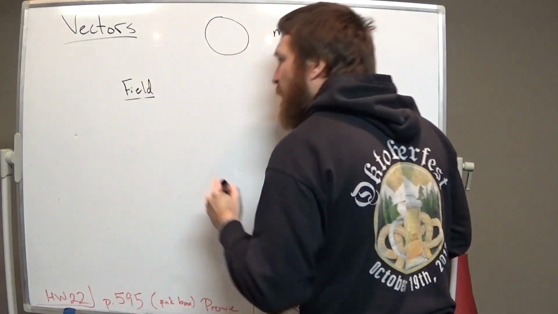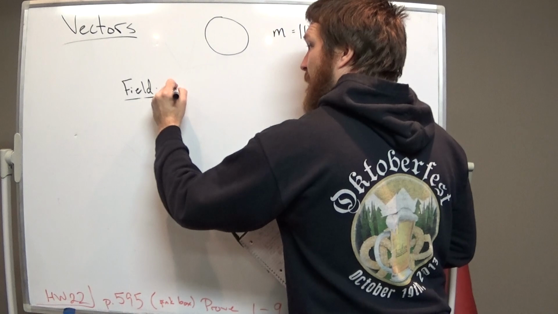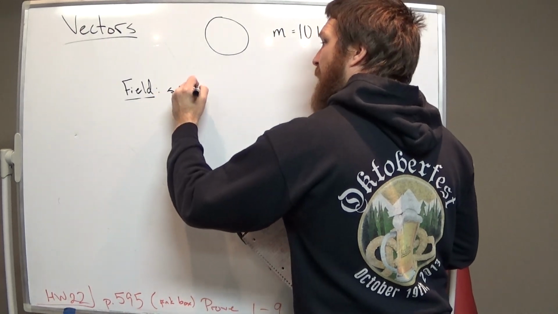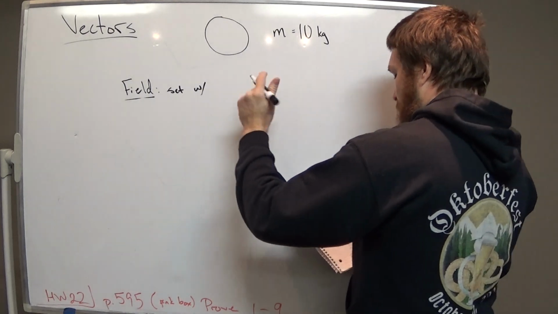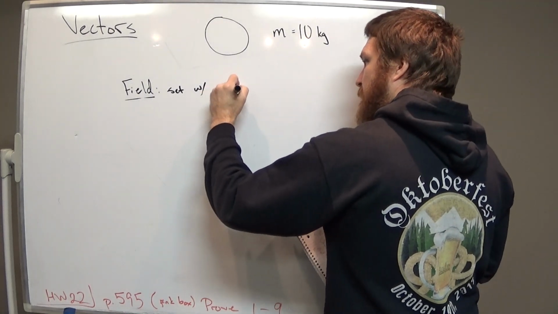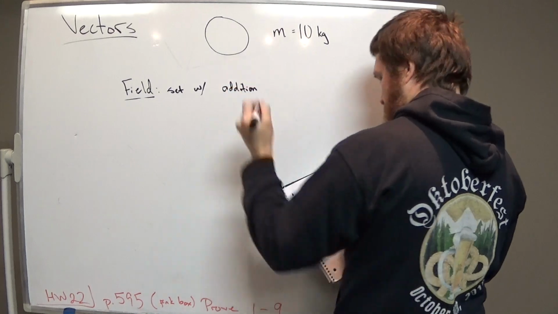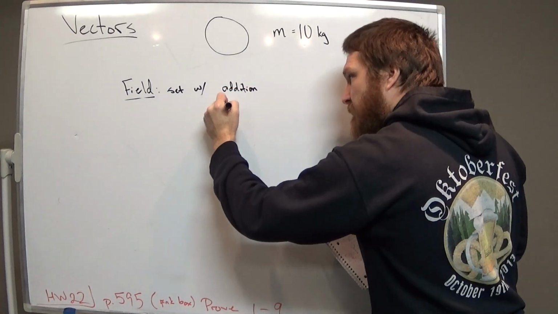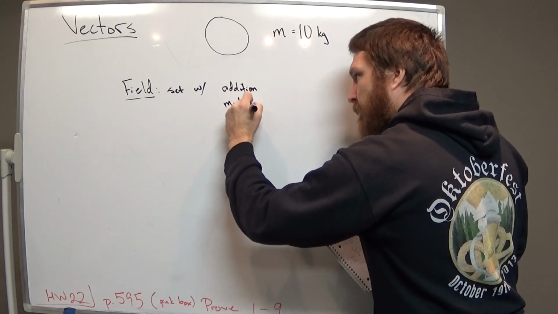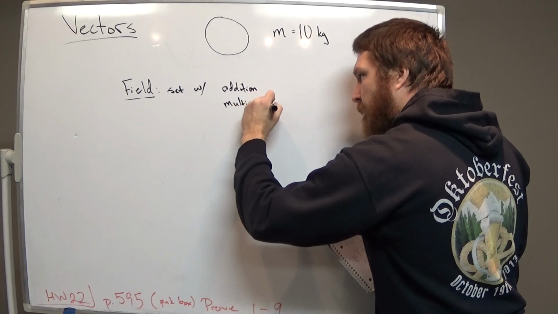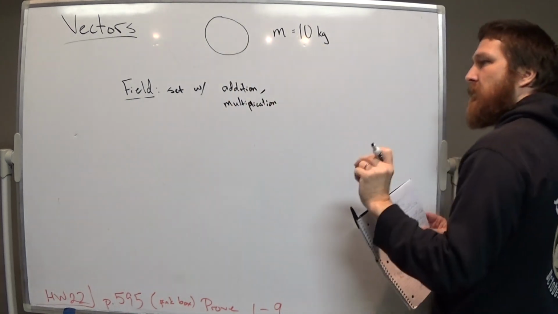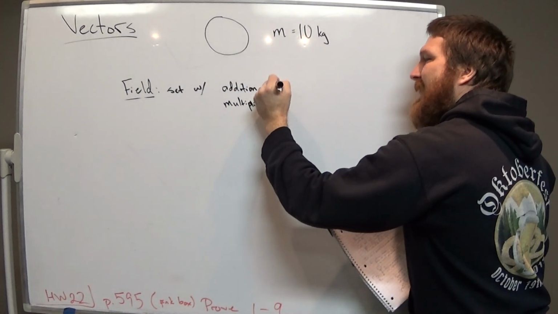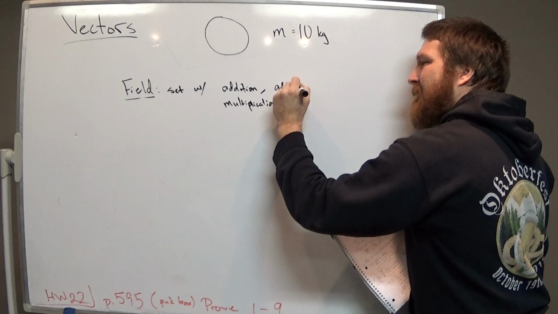A field is a set together with the operations addition and multiplication. Along with addition, there has to be an element in the field that serves as the additive identity.